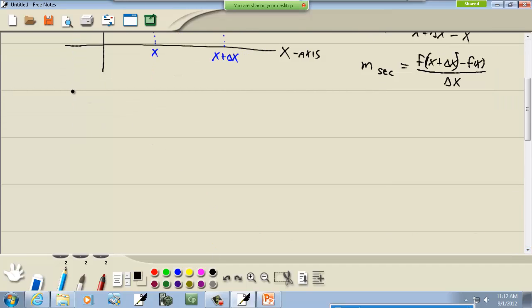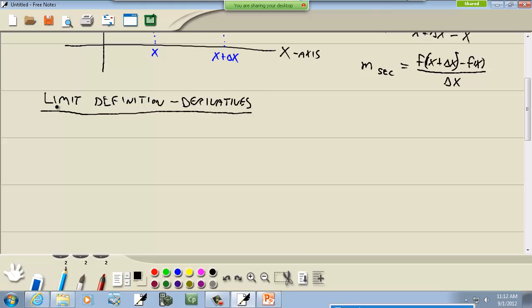What the derivative is going to give us, this is a limit definition for derivatives. We'll see there's shortcuts in future sections. Our derivative will give us a generic formula for the slope of the tangent line at any particular point on our graph.